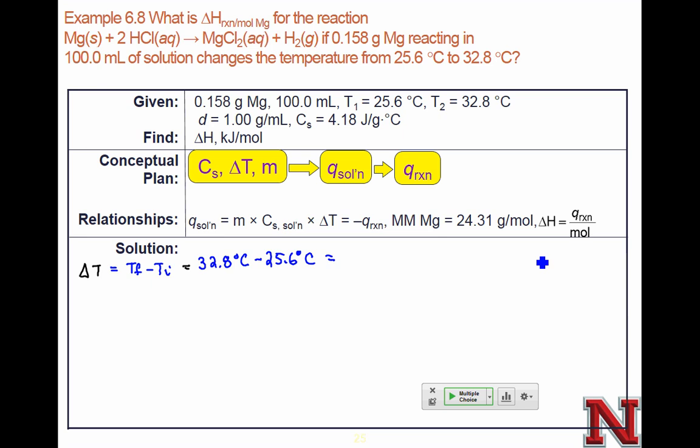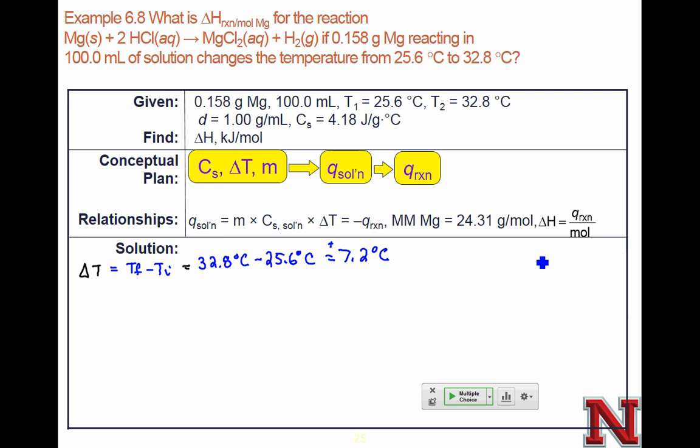Which I don't have that number written out, of course. So 7.2 degrees C, and of course that's positive. You can put the positive sign if it helps you to make sure that you're remembering your sign.